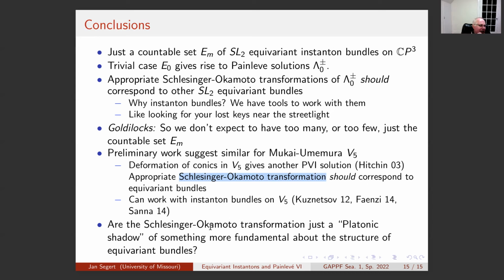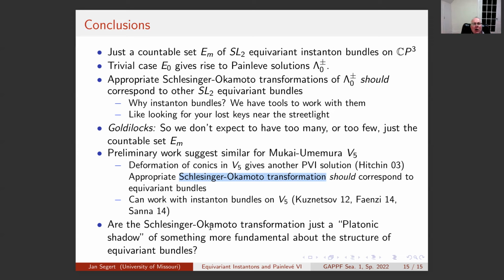To me, this suggests there might be something like a creation operator, where you create them step by step from the trivial one, with the Schlesinger-Okamoto transformation for the Painlevé solutions corresponding to it. I don't really see the creation operator in the bundles. Hopefully there is one there, but I see this reflection here.